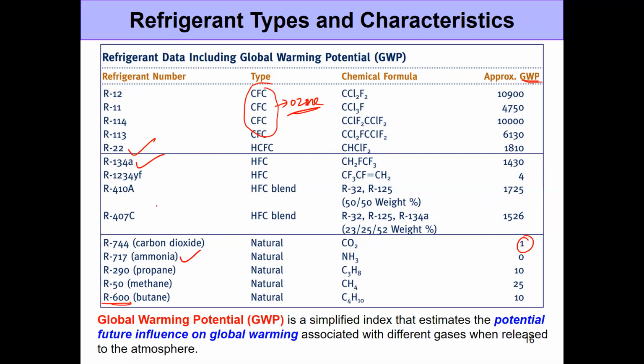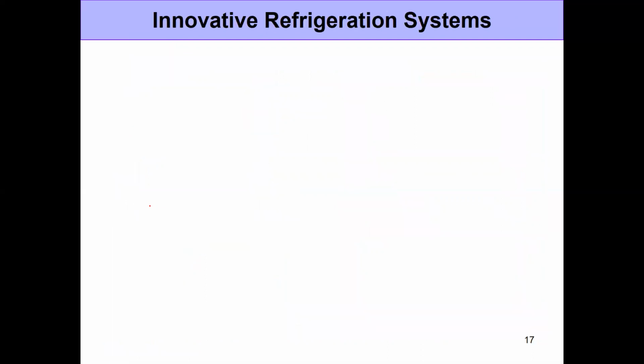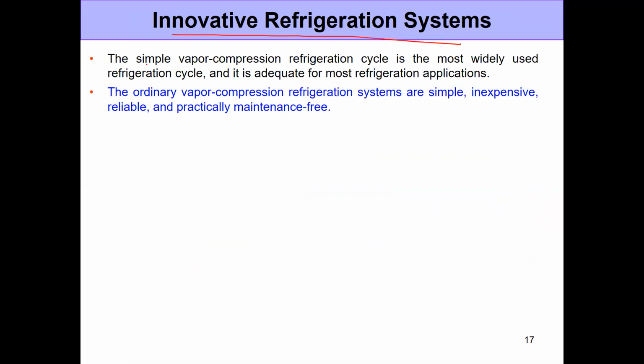Okay, so this is all for the different refrigeration types and their characteristics. Now let's talk very briefly about the innovations that have happened in terms of refrigeration systems. Now, till now, we have been talking about the simple vapor compression refrigeration cycle, and we spent some time discussing it because it is the most widely used refrigeration cycle, right?